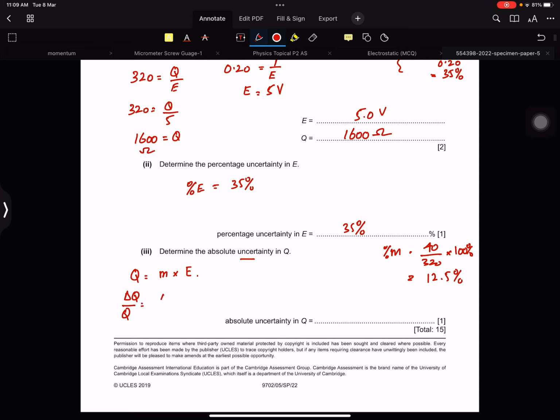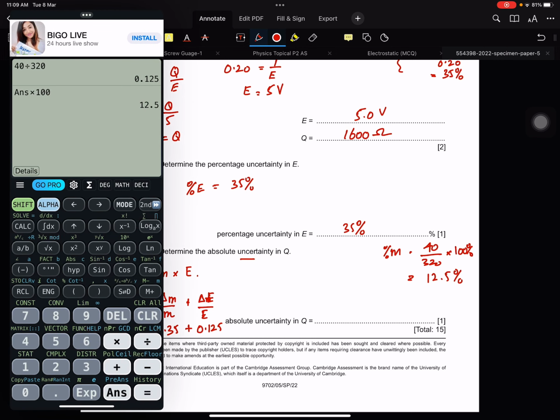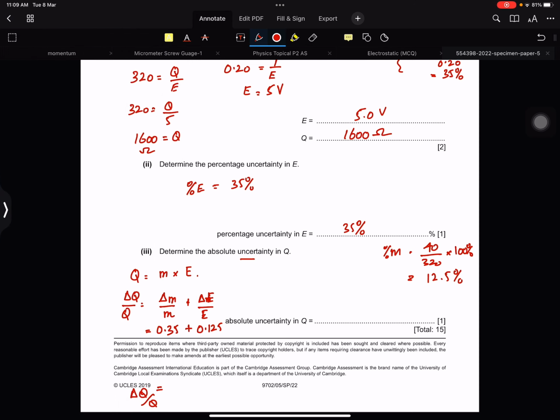So now we're going to find the absolute uncertainty in Q. The change in Q upon Q is the uncertainty in M upon M, plus the uncertainty in E upon E. So this is how the uncertainty is worked out. We want fractions here, so the fraction for this will be 0.35 and the fraction for this will be 0.125. So the total fractional uncertainty, change in Q upon Q, is going to be 0.35 plus 0.125, so that's 0.475.